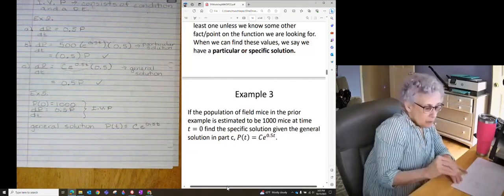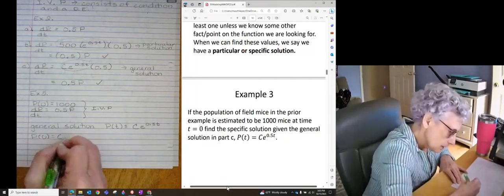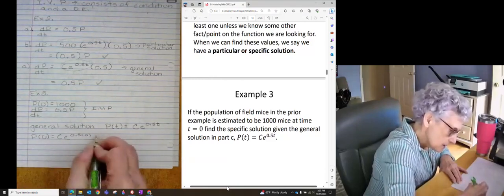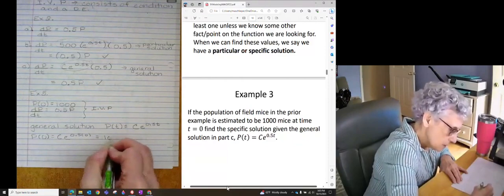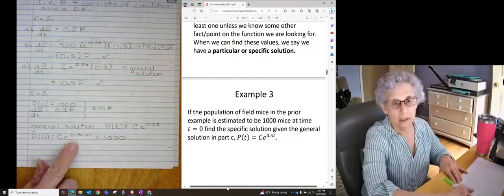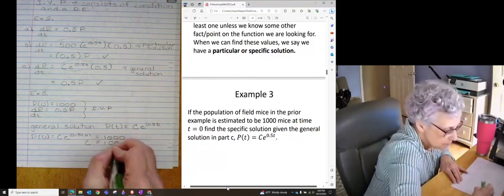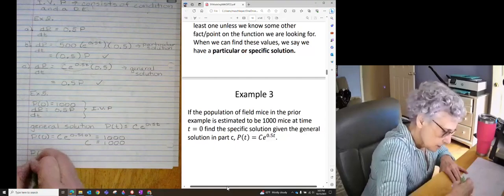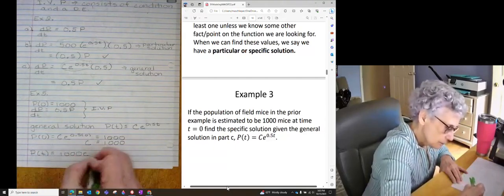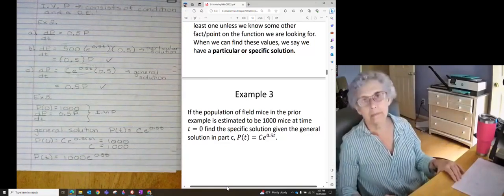Then we use our initial value, P of 0 equals c times e to the 0.5 times 0, which has to be equal to 1,000. But e to the 0 power is just 1, so c equals 1,000. So P of t is equal to 1,000 e to the 0.5 t.